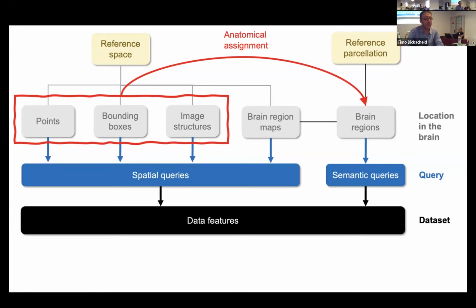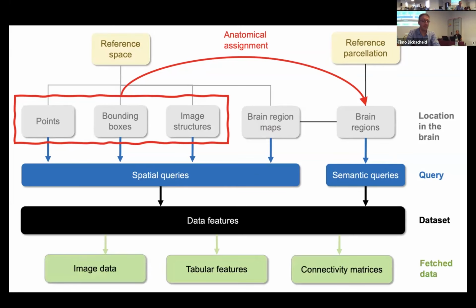Such queries result in data features, which typically have the form of a published dataset, which includes files in some form, metadata, and the location associated with it that was used in the query.